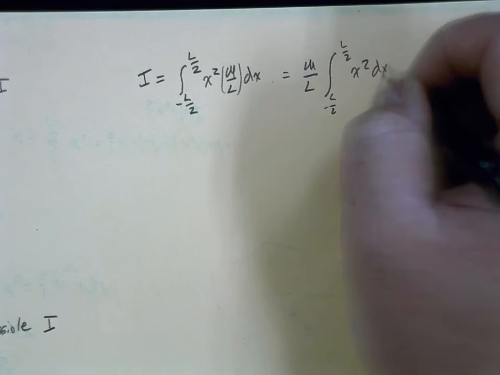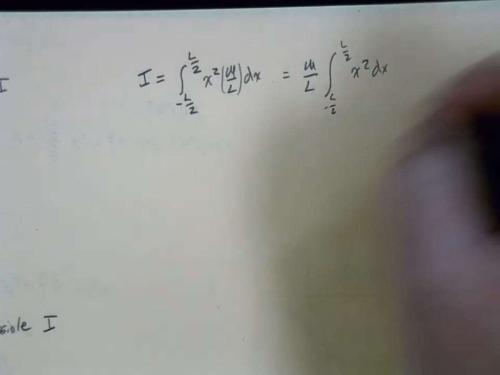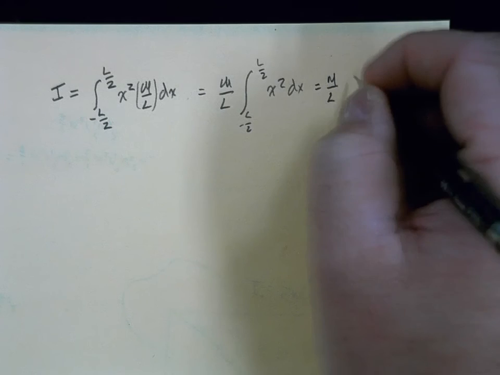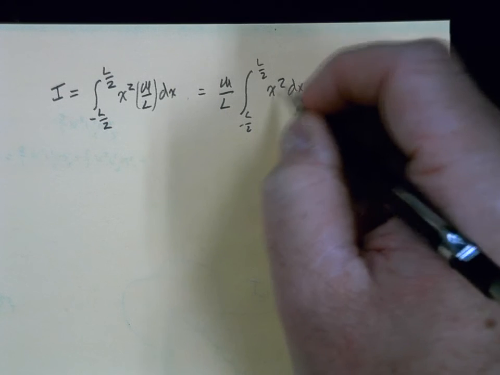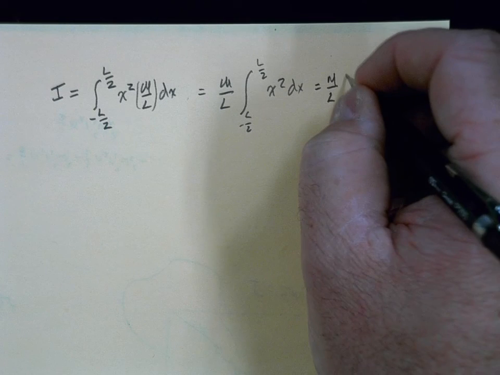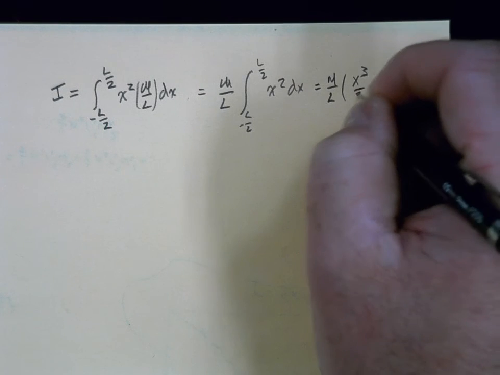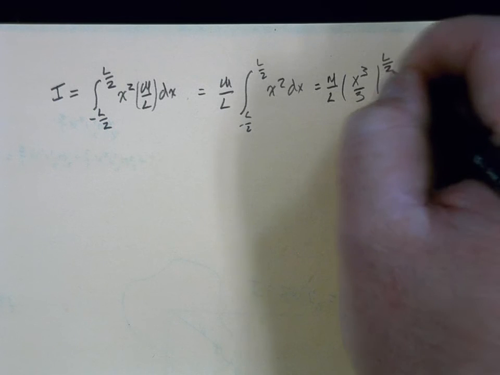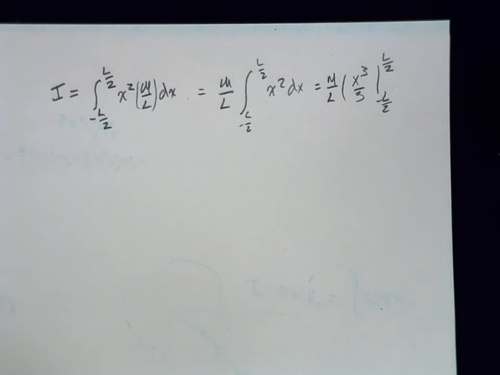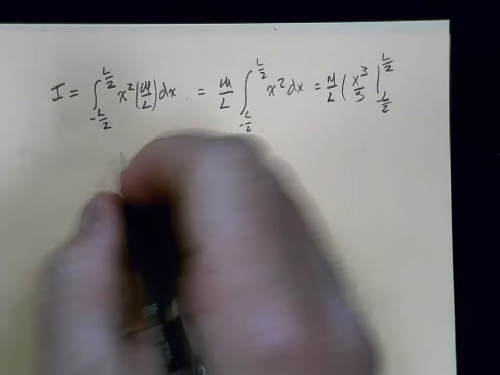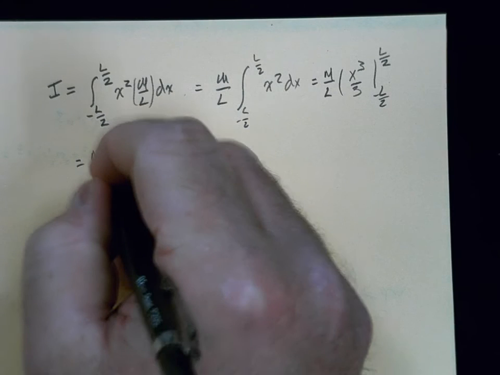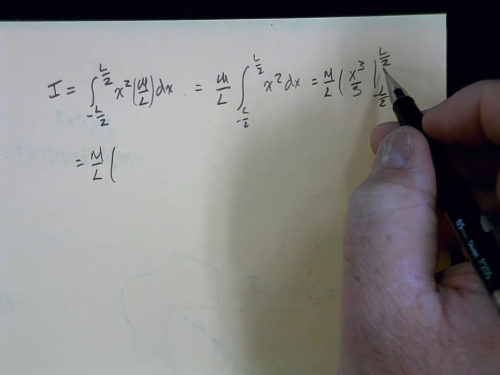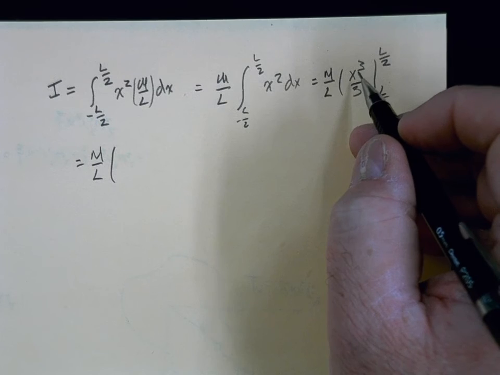That gives us m over L times the integral of x squared, which is x cubed over 3, from negative L over 2 to positive L over 2. And that winds up being m over L times L over 2 cubed, which is L cubed over 8.